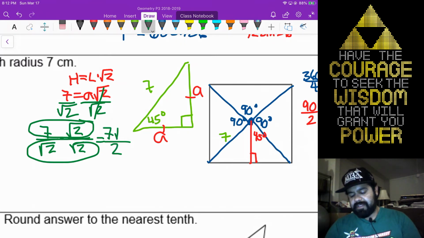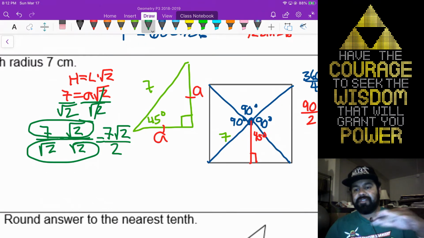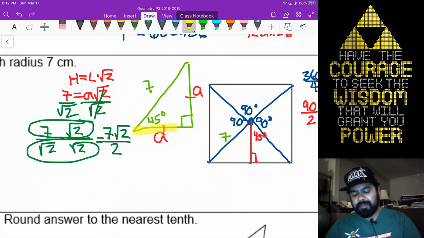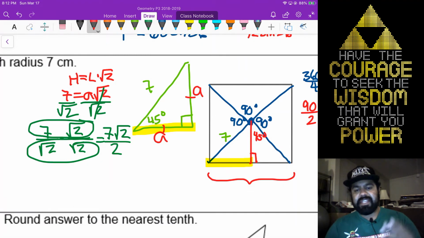So 7 rad 2 over 2. So this is your apothem. That's also going to serve to help us with part of the bottom side here. So if I take this, take 7 rad 2 over 2, and I double it, that's going to get rid of the 2 that's down below. So the side length is simply 7 rad 2.